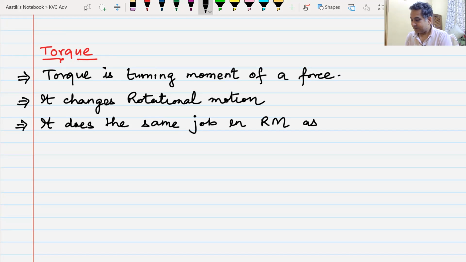Sir, is it tension? No, it is not tension. Keep on saying all the names that you know. One of them would hit. It does the same job in rotational motion as? It's also written right now in front of your eyes and you have written it.